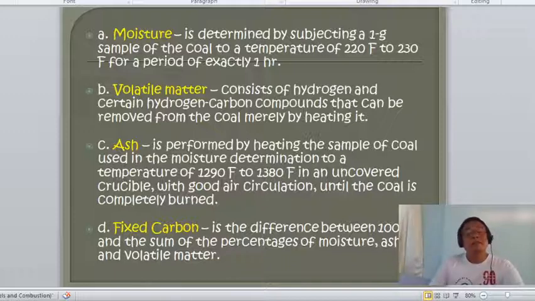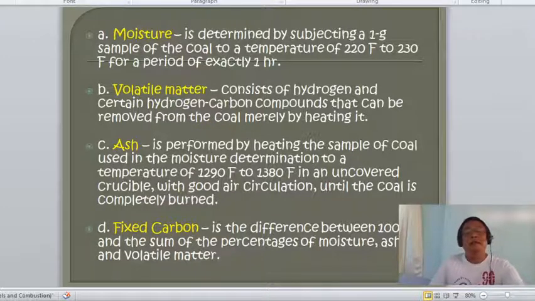Another is ash. This is performed by heating the same sample of coal used in the moisture determination to a temperature of 1,290 to 1,380 degrees Fahrenheit in an uncovered crucible, with good air circulation until the coal is completely burned.